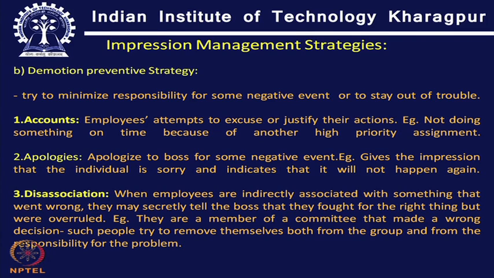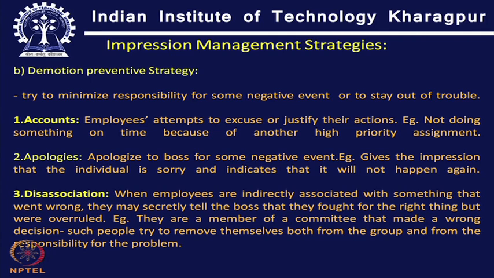Then disassociation, where if something goes wrong with which the person is indirectly associated, they will try to disassociate their name from that happening, from the negative outcome. They will say, okay, we fought for the right thing, but we were not heard, our decisions were overruled.